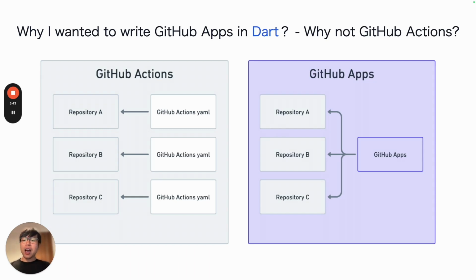And then I will explain why I chose a GitHub App instead of GitHub Actions. I think with this explanation, your understanding of GitHub Apps will be deeper. GitHub Actions requires you to write a YAML file for each repository. OpenCI is a CI/CD service.